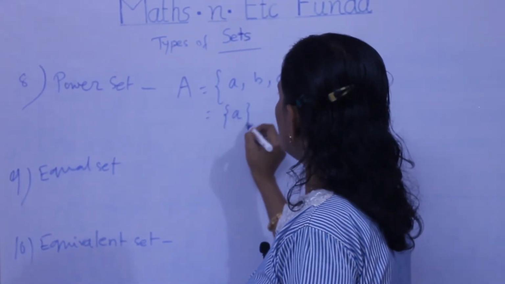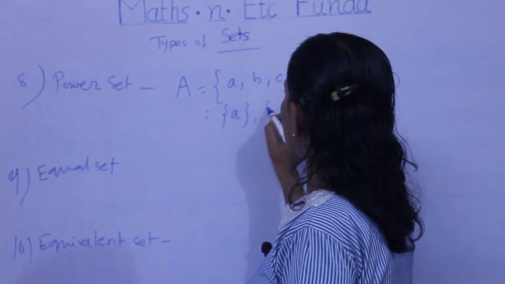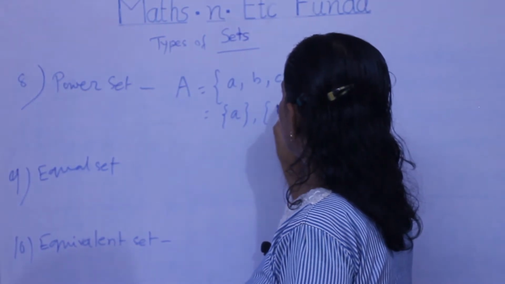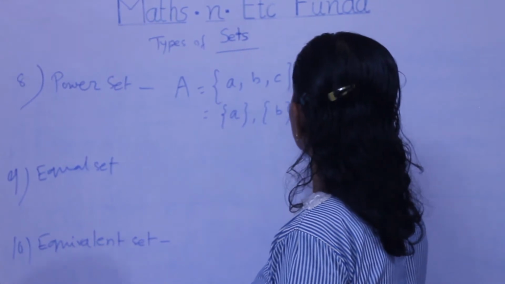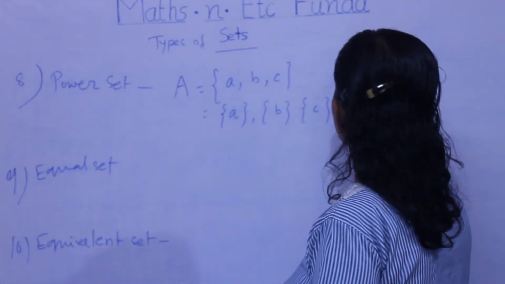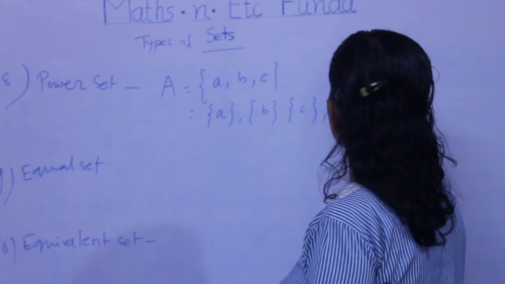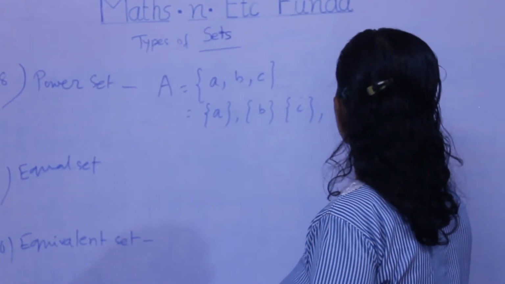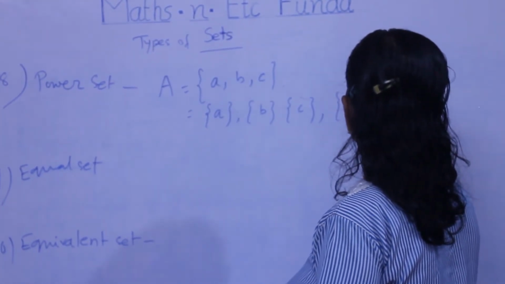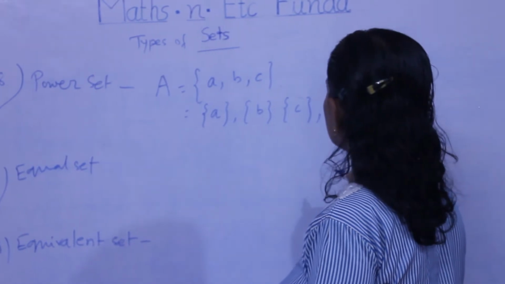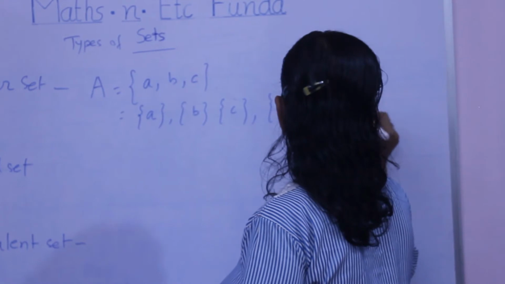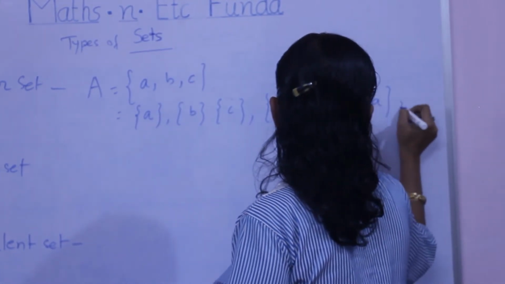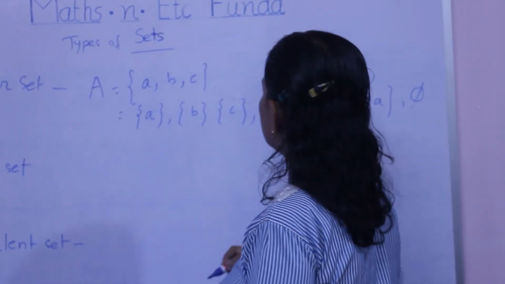First one is A, second one is B, third one is C, fourth one is AB, fifth one is BC, sixth one is CA, and Phi.